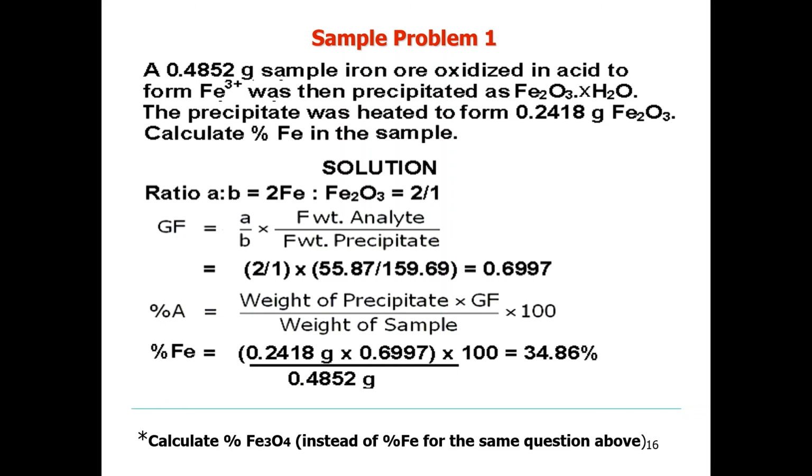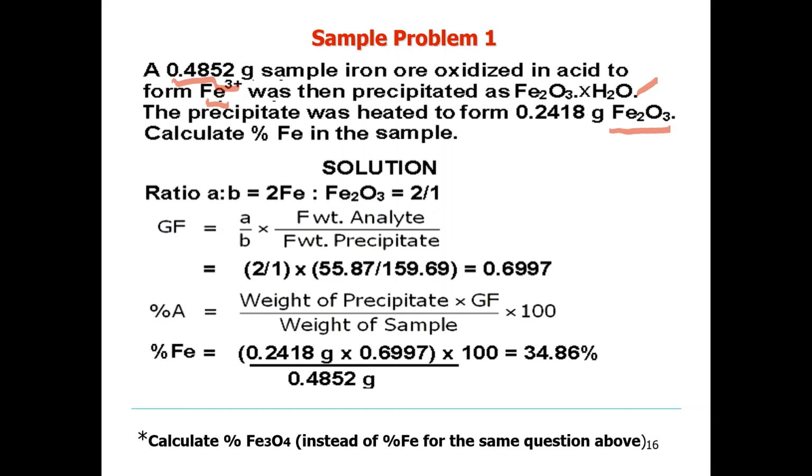Now, in the problem, the weight of the sample is 0.4852. It forms Fe3+, and then finally it is ignited to form Fe2O3. When you are reading the question, you always focus on what the final precipitate being weighed is.